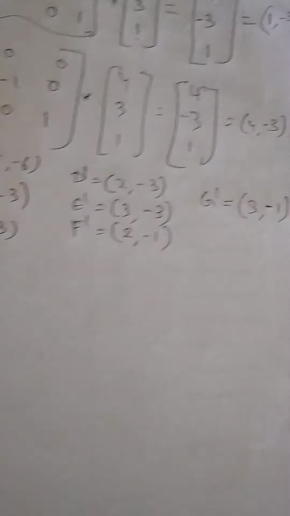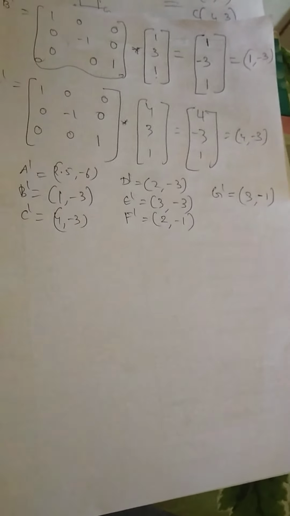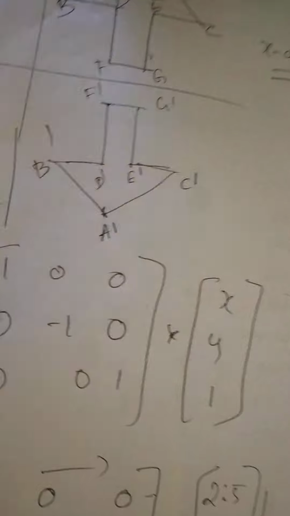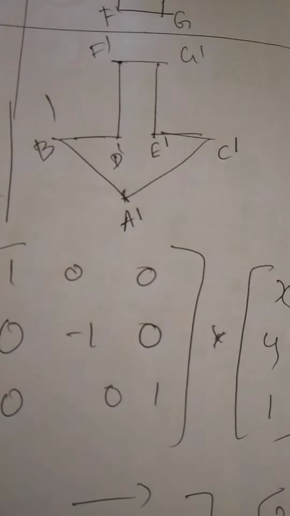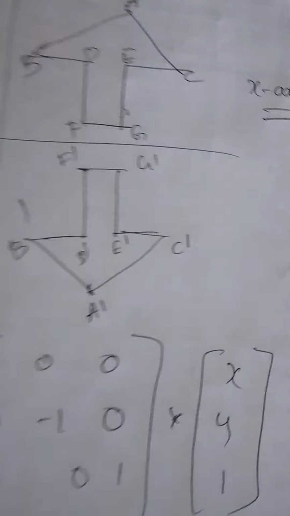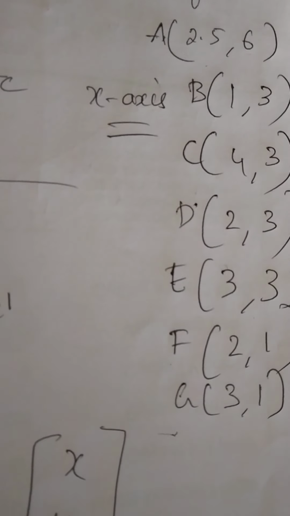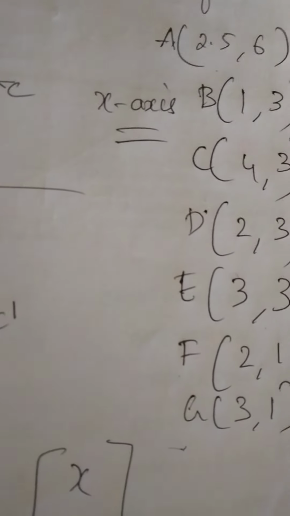So this is what should be your final set of values, and if you plot these values, you should get the reflected image in this way. And this problem that I have shown is the reflection with respect to the x-axis. Are you getting this?